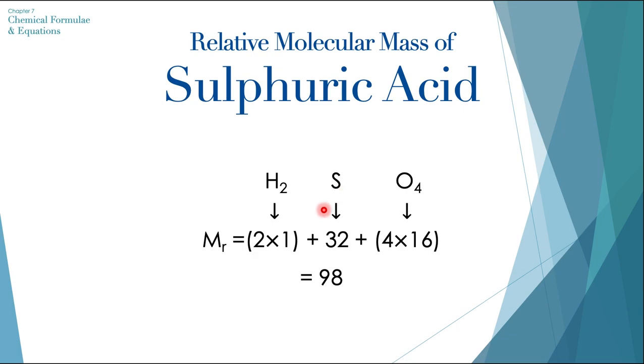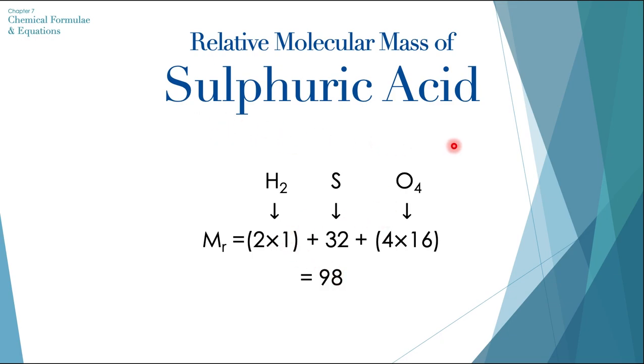And then sulfur, because it is only 1 atom, we would keep it 32. And oxygen's relative atomic mass is 16, and there are 4 oxygen atoms in H2SO4, so we will multiply 4 by 16, and then we will add all of these together: hydrogen, sulfur, and oxygen. Oxygen is 4 and hydrogen is 2, sulfur is only 1, so it's 32. When we add all of this, we get 98.